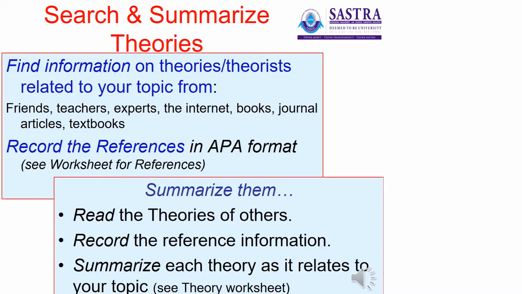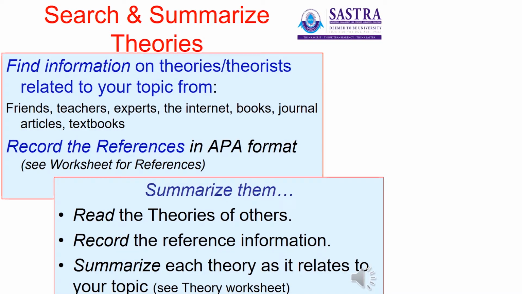You can gather information about those theories relevant to your area of study from friends, from teachers, from experts, or from the internet, books, journals, articles, and also there are certain sources like a lot of database providers which will facilitate the consolidation of theories. For example, you can go for the EBSCO database, which accumulates a lot of articles or theories relevant to your study.